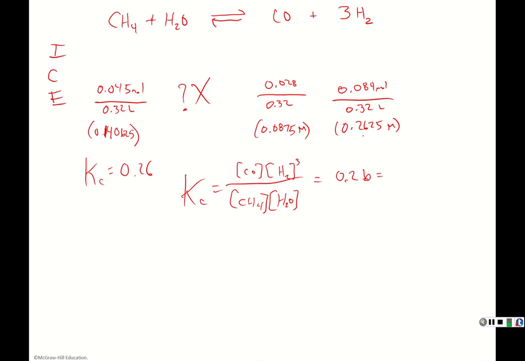Actually, let's rearrange this first and solve. Before we plug anything in, it's simpler just to rearrange to solve for what we're looking for. We're looking for the H2O concentration. If we rearrange that, you'd multiply both sides by H2O and divide both sides by Kc, so you're just switching the places there.